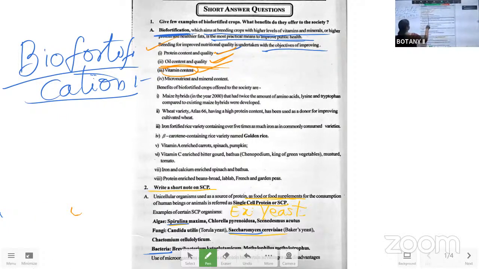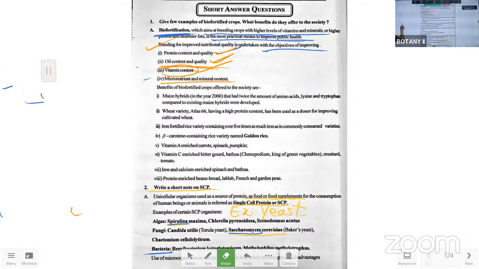Okay, so the first one is the protein content and the quality of the proteins, oil content and the quality of the oil, and the vitamins should be more, and the micronutrients and the mineral content. Micronutrients and the mineral contents mean nothing but the elements that are present in the plant body.